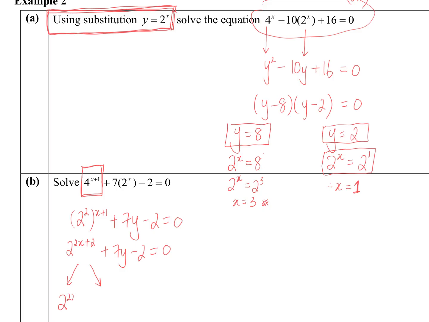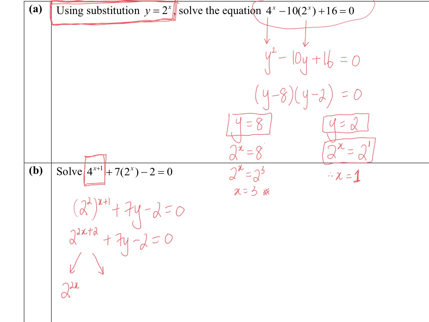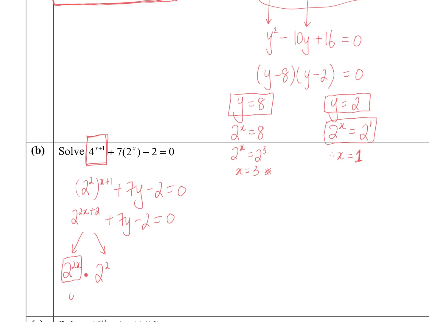Your 2x times, oops. Okay, in A Math, we like to use the big dot to represent times because it's easier to write. Then 2 squared. When you times, it's the same as add. So you can always split back into the multiplication. So this part is very easy for you to change. This is y squared. Okay, this is just 4. So once you see that, you can go and factorize this equation.